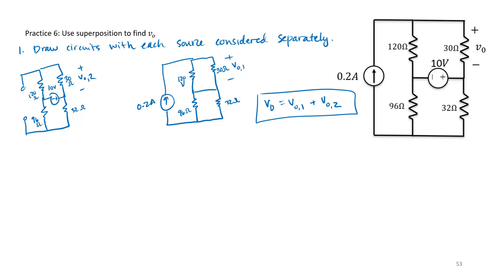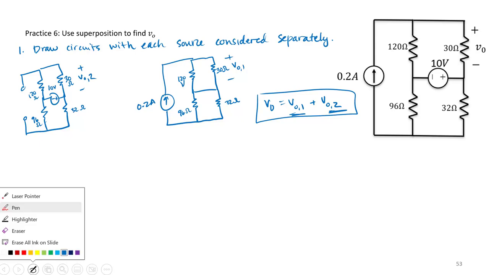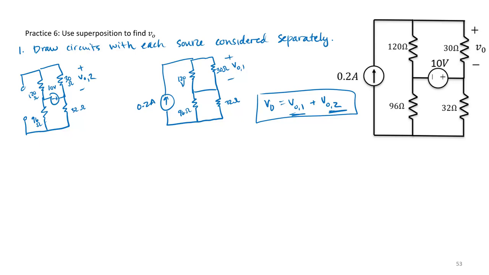So we need to use our DC circuit tools that we already know to solve for those two voltages. The one other thing you want to be careful here is pay attention to polarity. Let's look at V02 first.